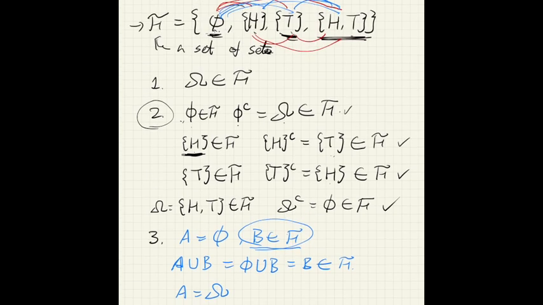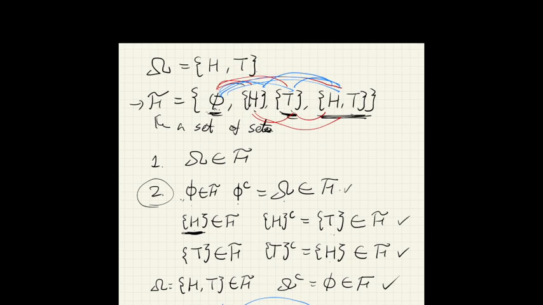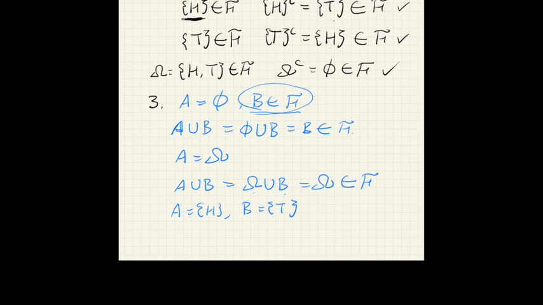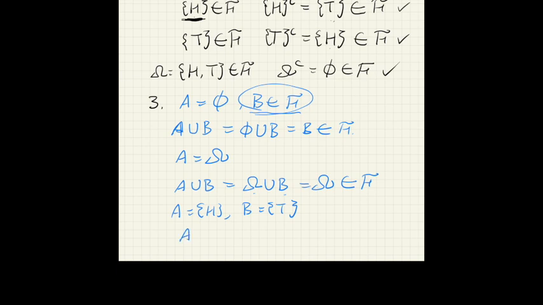So what's left is this pair. If A is this and B is this, T, then the union A union B is H union T, which is HT, which is omega itself.